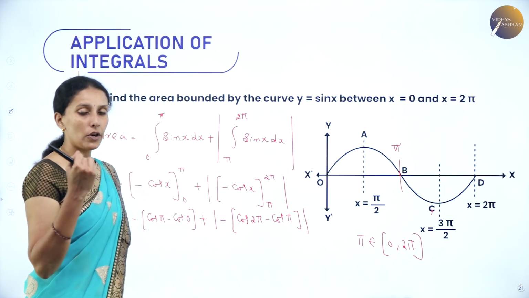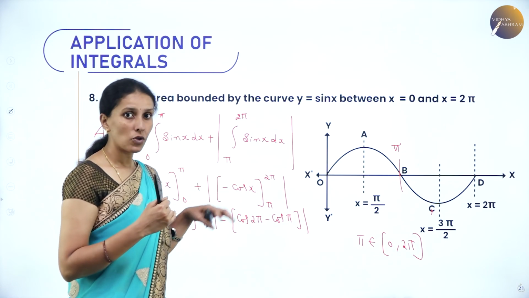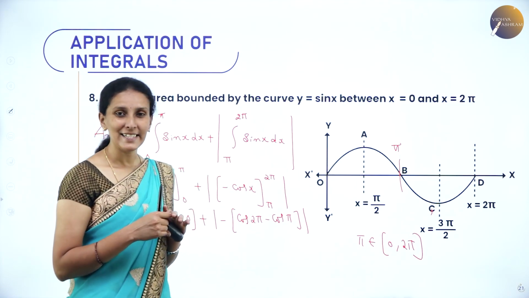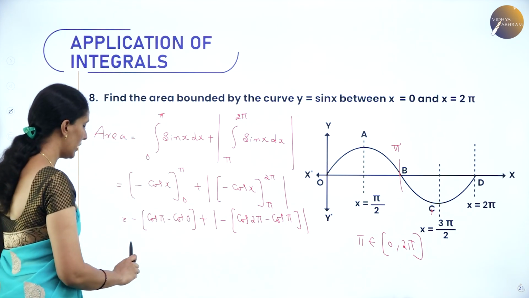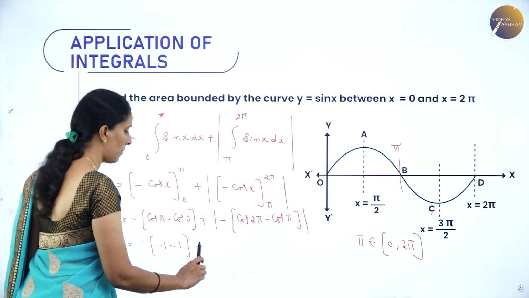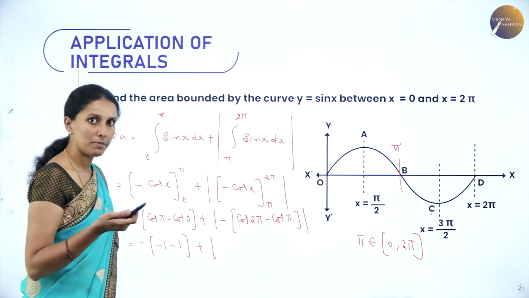We know that cos 0 is 1. So cos 2 pi, cos 4 pi, that is cos of even multiples of pi, will become 1. And cos of odd multiples of pi is minus 1. So therefore here it is minus of minus 1 minus 1, plus modulus. Since you have modulus, if you have negative also it becomes positive.